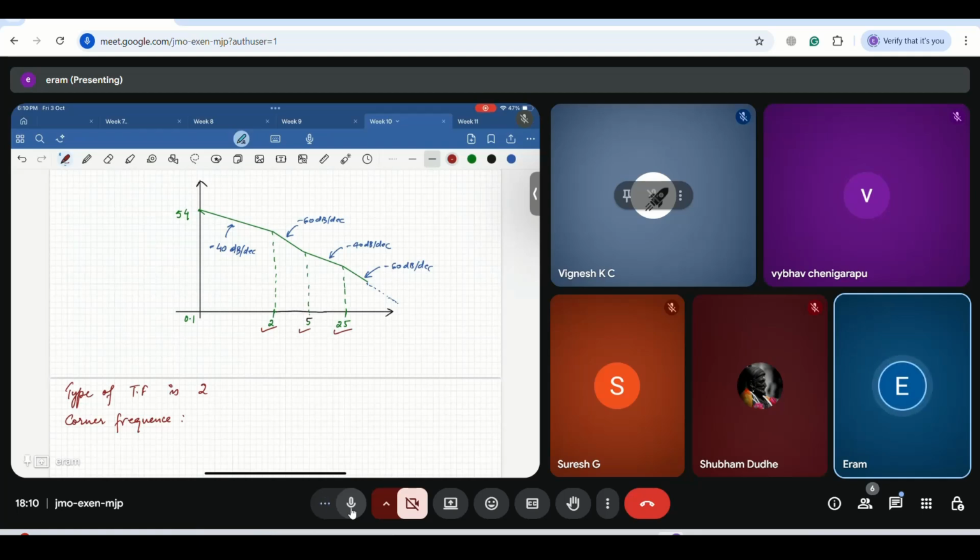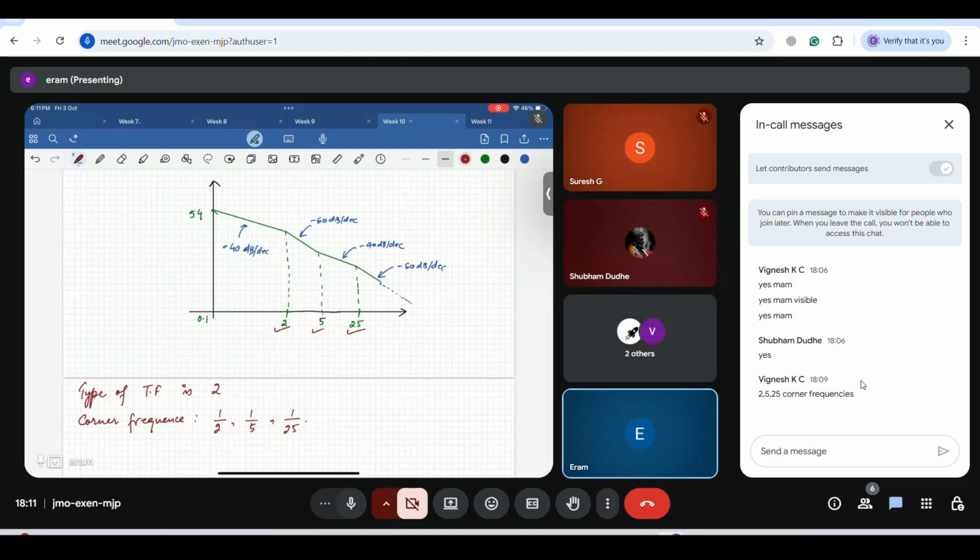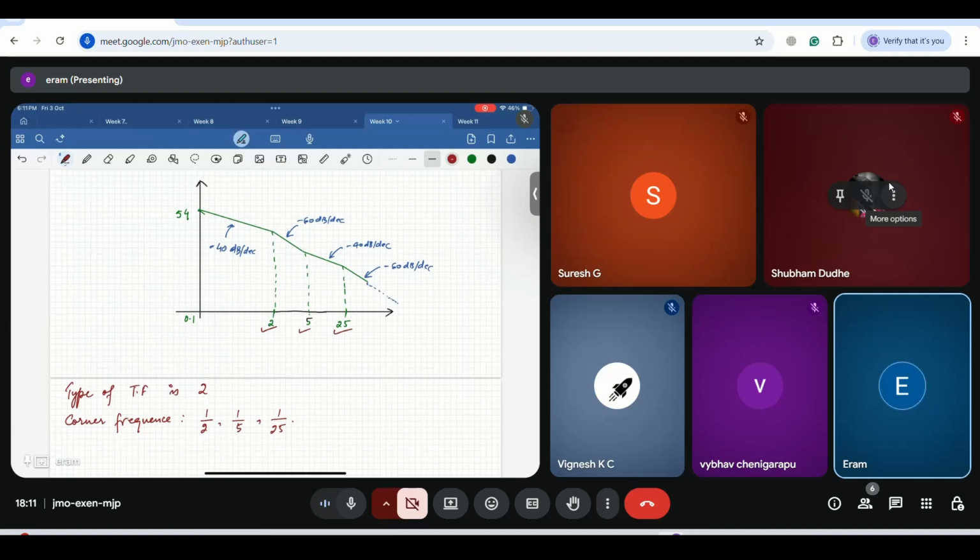So the corner frequencies are 2, 5 and 25, and T1, T2 and T3 are 1 by these.